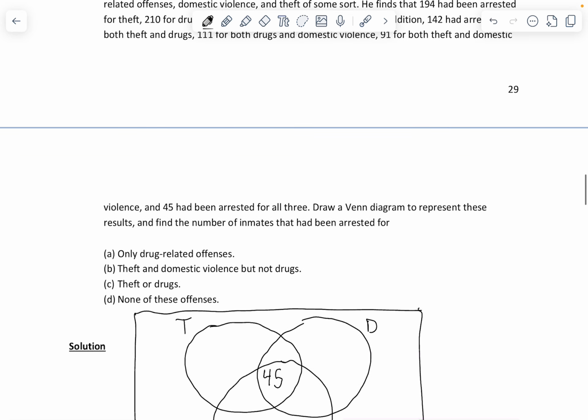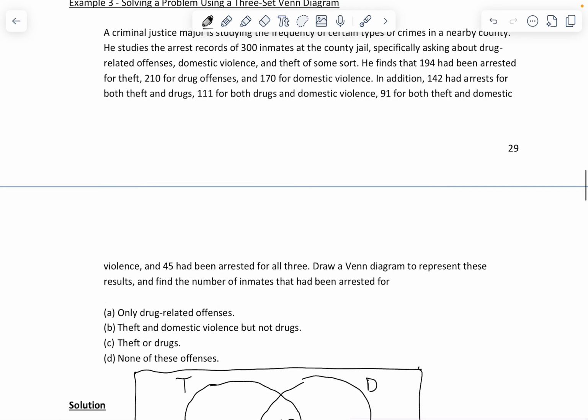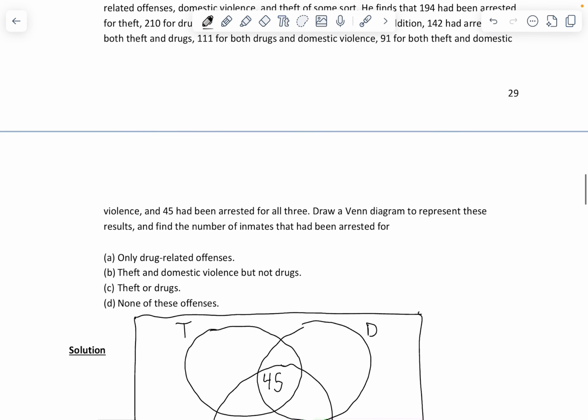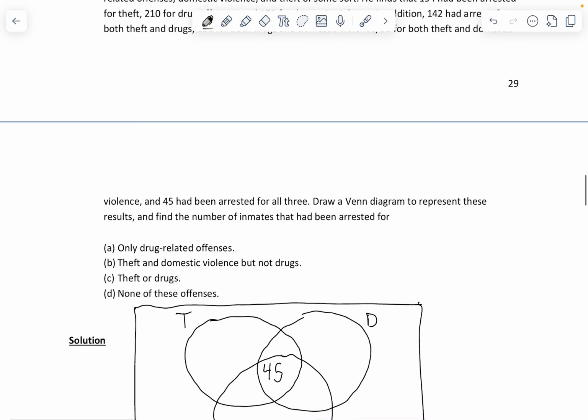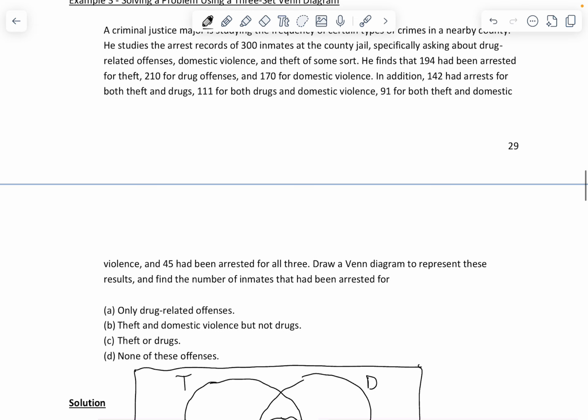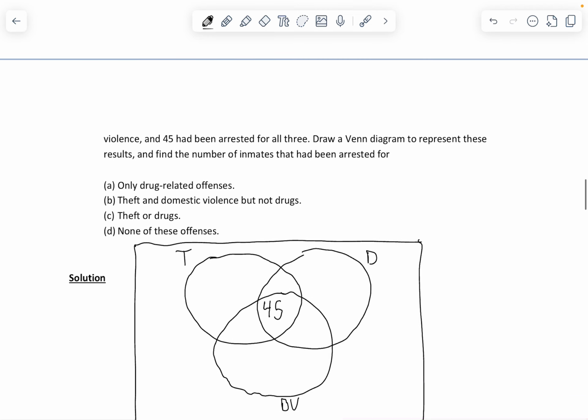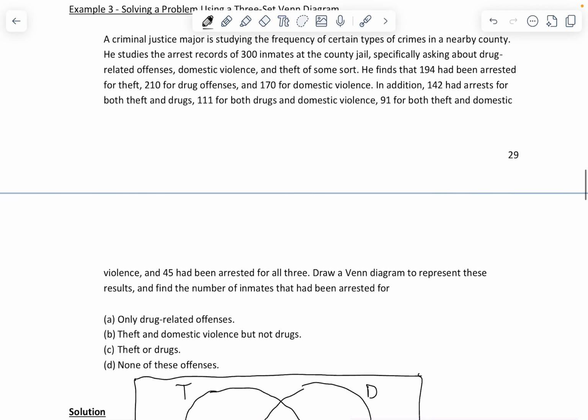So that basically means that all the regions inside the circle labeled T have to add up to 194. So far, I have one of those regions filled in, the 45, right? 210 for drug offenses. All the regions inside the D circle have to add up to 210. 170 for domestic violence. All the regions inside the DV circle have to add up to 170.